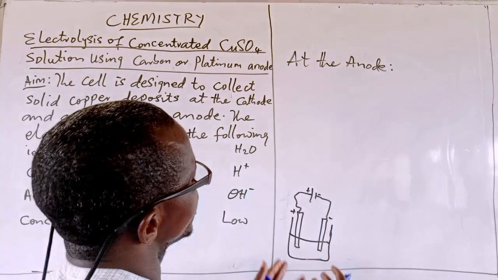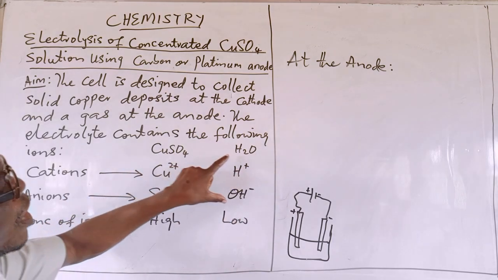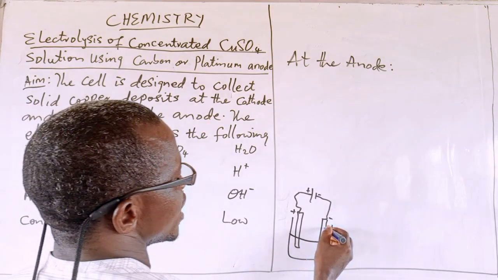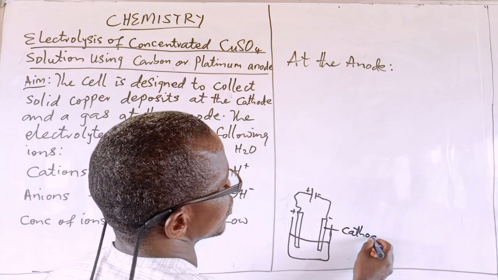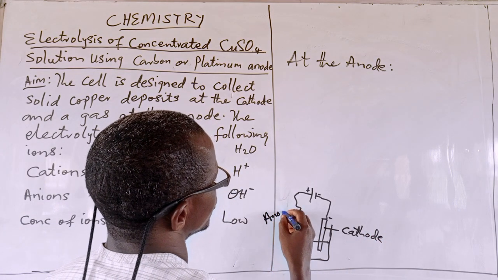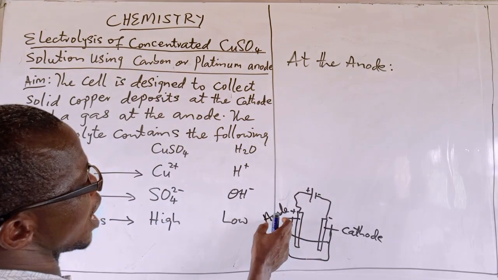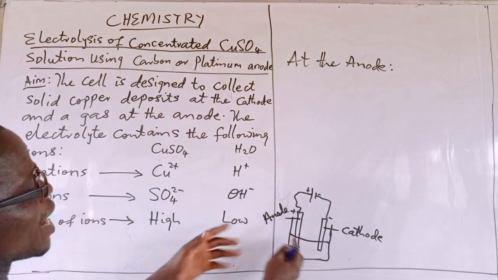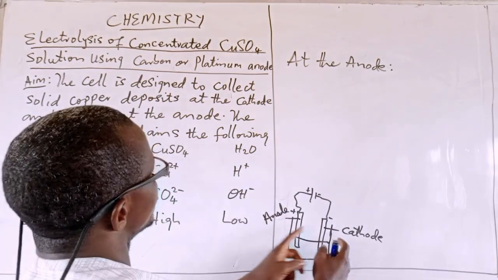Now, when you connect the battery, the four ions are here. This is positive, this is negative. The negative is cathode. The positive is anode. So now, since this is the anode, know that the two negative ions will migrate to the anode, while the two positive ions will migrate to the cathode.